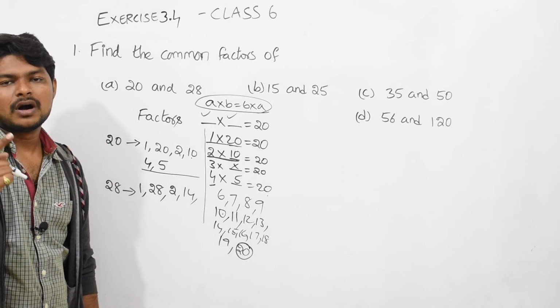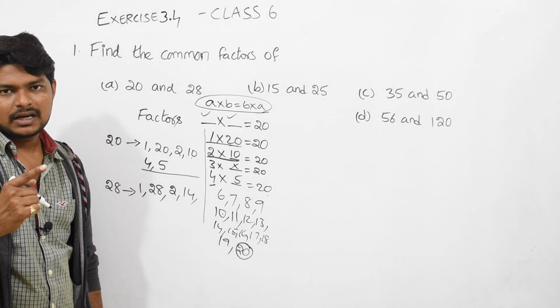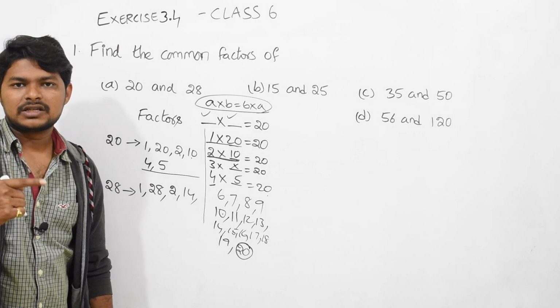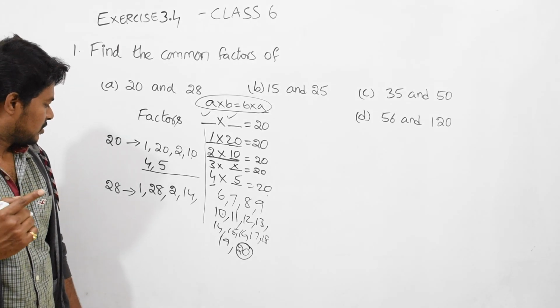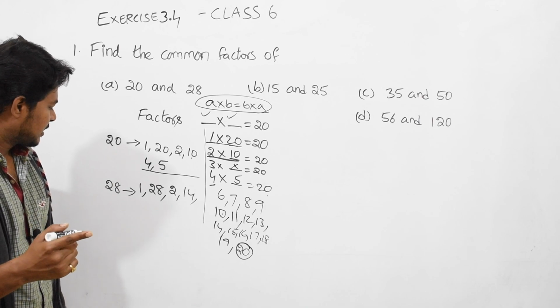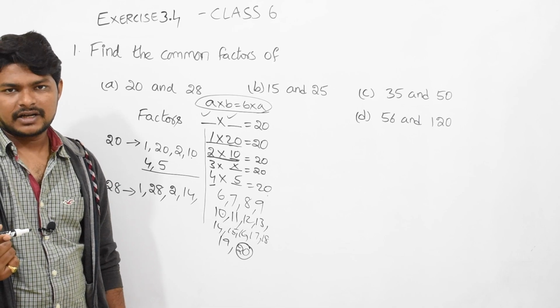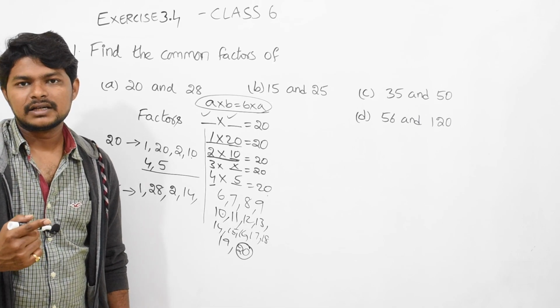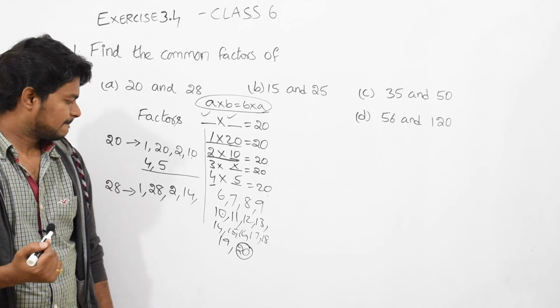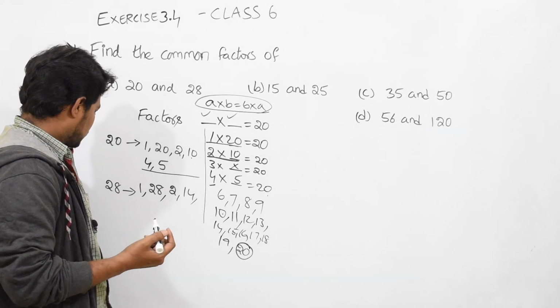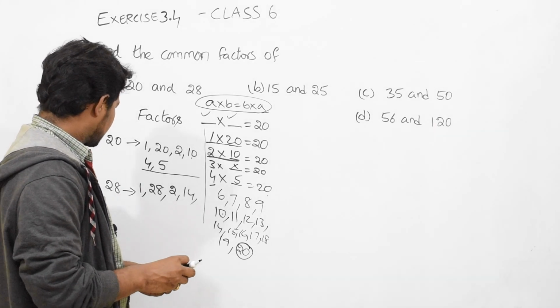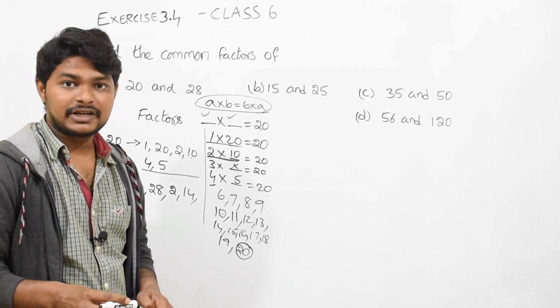4 into 7 equal to how much? 6 4s are 24. No, 4 table, right? 4 into 8 equal to 32. So 28 in the 4 table: 4 6s are 24, 4 7s are 28.